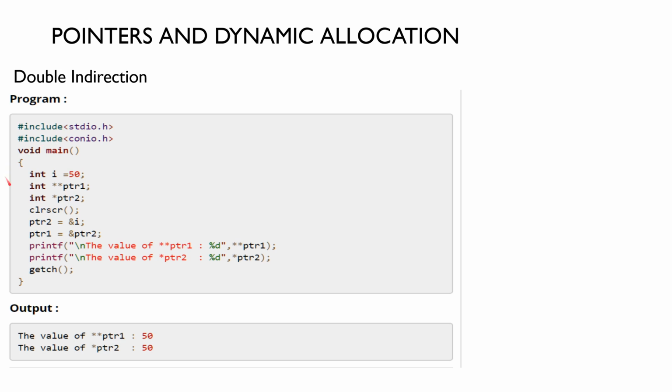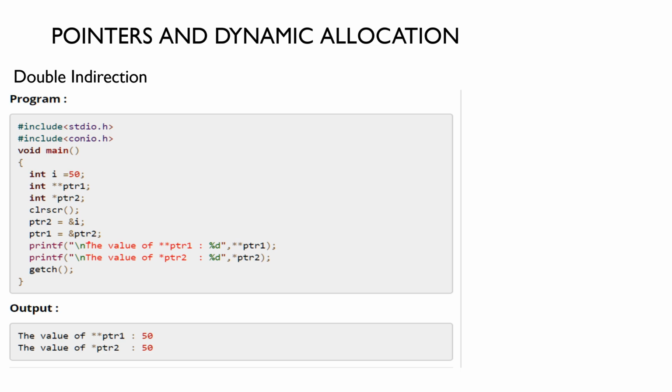In this example here, we have int I, we have int pointer, we have pointer to int pointer 1, and we have pointer to int pointer 2. This clear screen just empties the terminal screen. We say pointer 2 is equal to the address of I. So now pointer 2 refers to I. Pointer 1, which remember has that extra layer of indirection here, now refers to pointer 2.